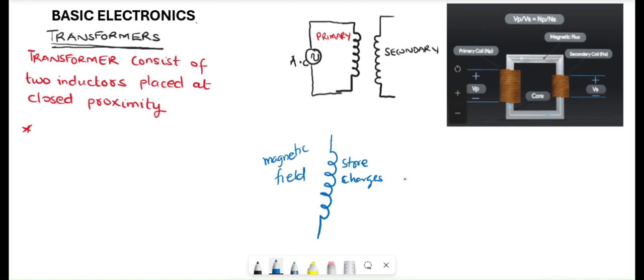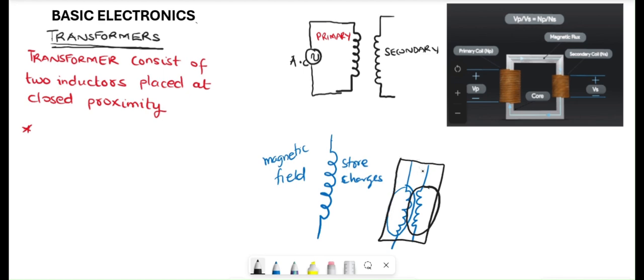Now we said that if we have two inductors close to each other, and one is able to store charges, it is able to induce a form of charges on the one that is lying close to it. And I told you that that is the basis for transformers.